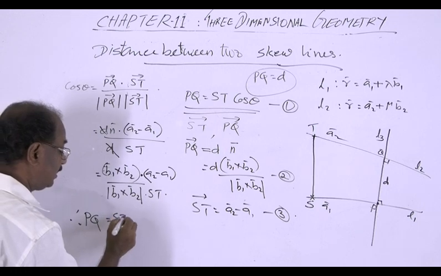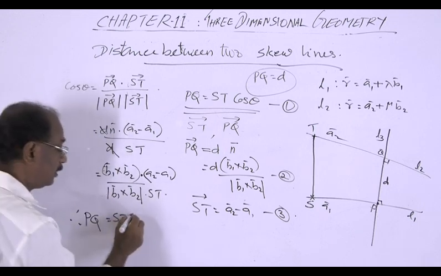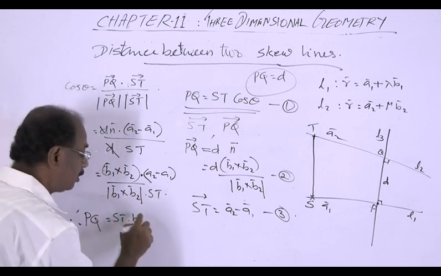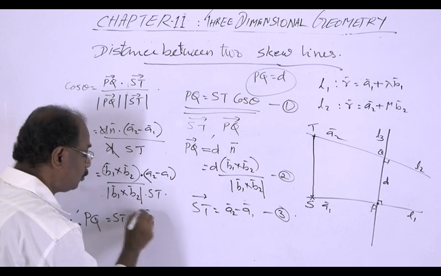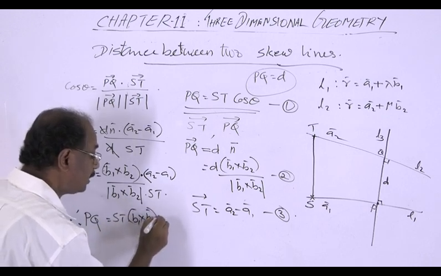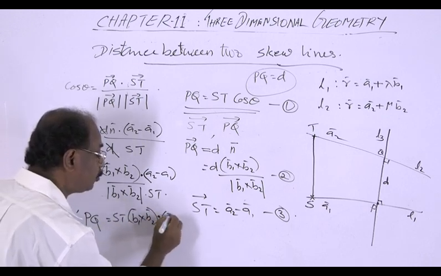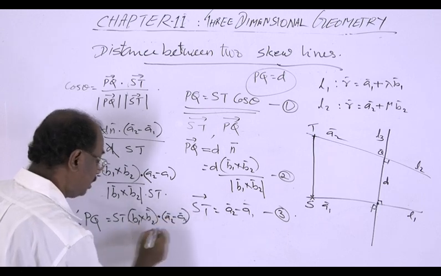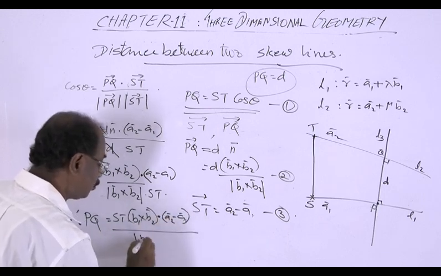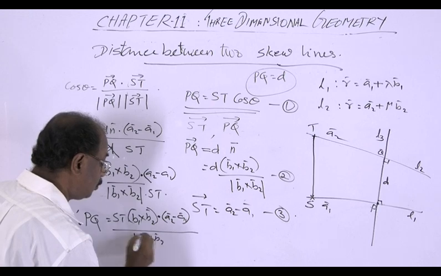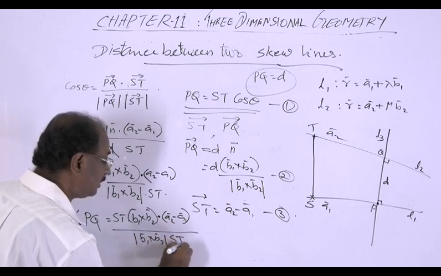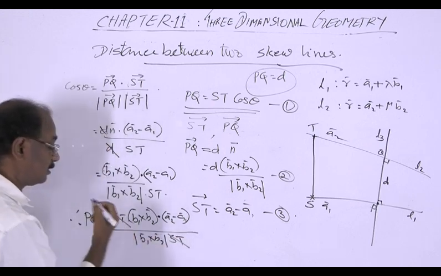So this is ST into B1 cross B2 dot A2 minus A1 divided by modulus of B1 cross B2 into ST. So this ST and this ST cancel.